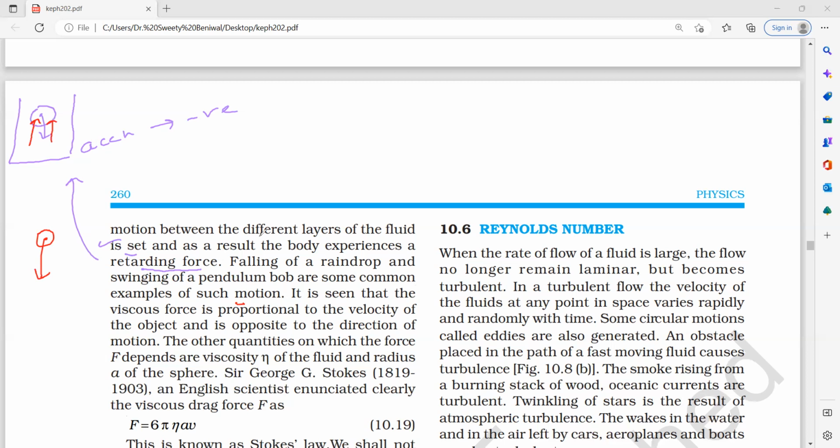It is seen that viscous force is proportional to the velocity of the object and is opposite to the direction of the motion, and the other quantities on which the force depends are the viscosity of the fluid and the radius of the sphere. So we are considering a spherical raindrop. So the viscous force depends on the velocity of the object as well as the radius of the sphere.